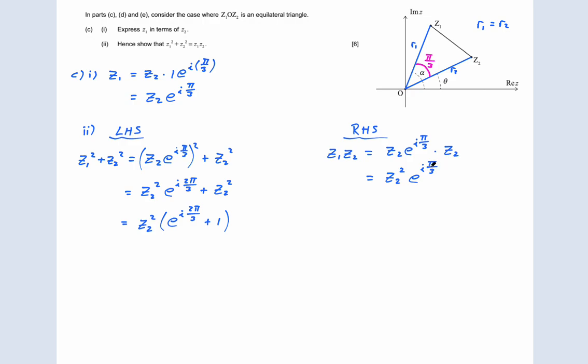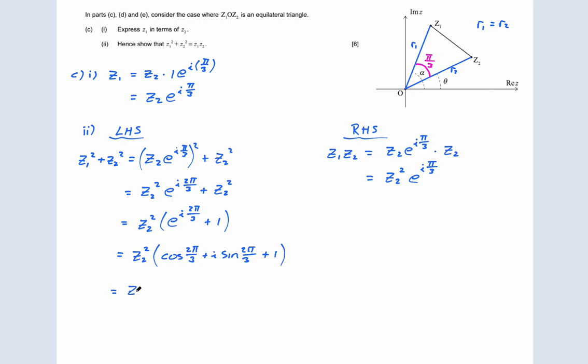So let's write this as Z2 squared. We'll leave the Z2 squared because it's the same on both sides. But this e to the I times 2 pi over 3, I'm going to write it in cos plus I times sine theta form, or cis form. So it's going to be cos 2 pi over 3 plus I times sine 2 pi over 3 plus 1. The 1 is still there.